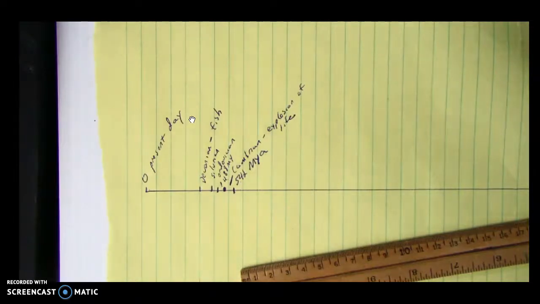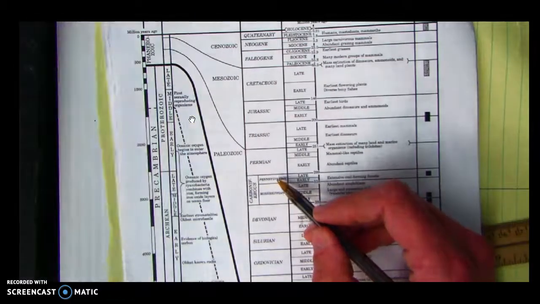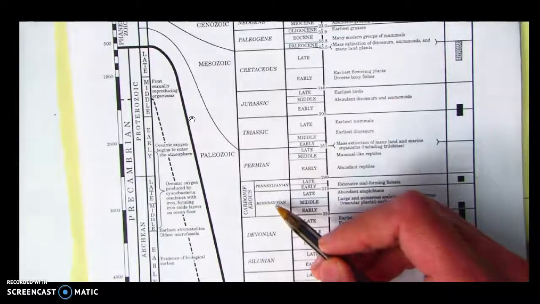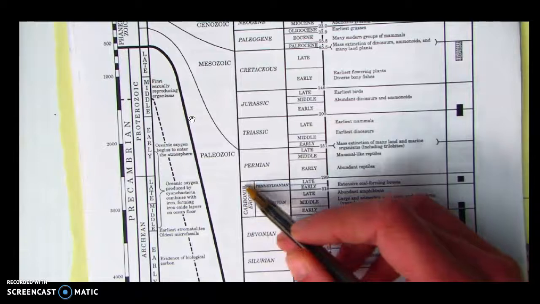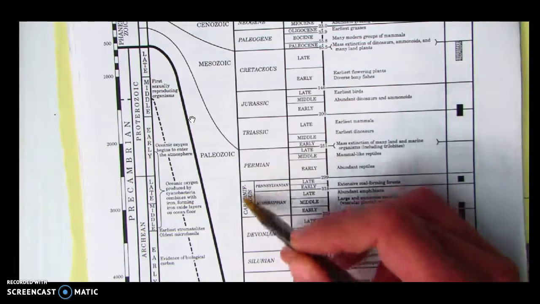Then we have what's called the Carboniferous Period next. The Carboniferous Period is broken into two units of time. We have the Pennsylvanian and Mississippian. The word carbon has to do with coal. This is when we had our big coal forests on planet Earth during these times.